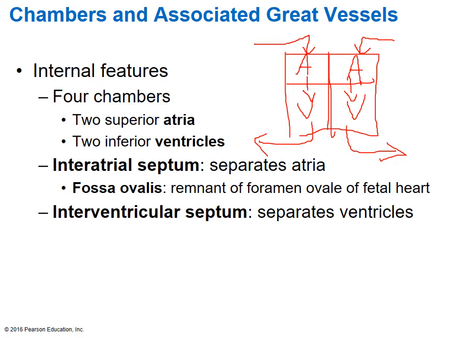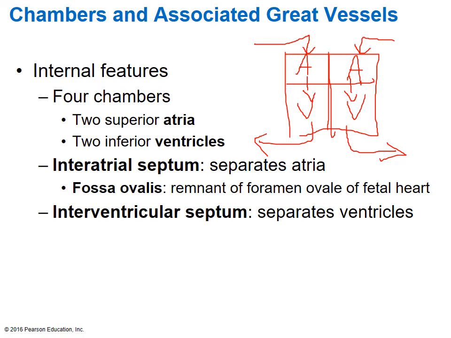So you have the right side for the pulmonary circulation, and you have the left side for the systemic circulation. So if blood enters the right side of the heart, it's going to go from the right atrium to the right ventricle back outside the heart. If blood enters from the left side, it's going to go into the left atrium and then into the left ventricle.